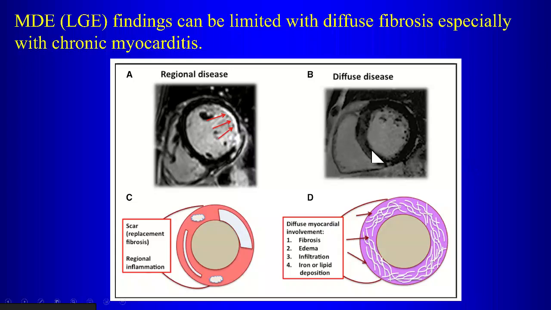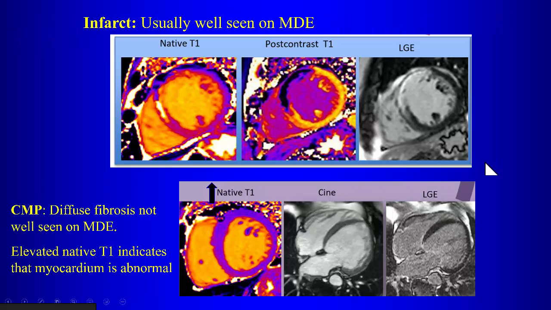It can be very subtle, as in this case here, or you might not see it at all. So that is the drawback of using myocardial delayed enhancement, looking for abnormal enhancement to help you to diagnose abnormal myocardium in these cases of cardiomyopathies. It's when they have diffuse fibrosis. We will not see the enhancement because we wind up suppressing all of the myocardium. Right?